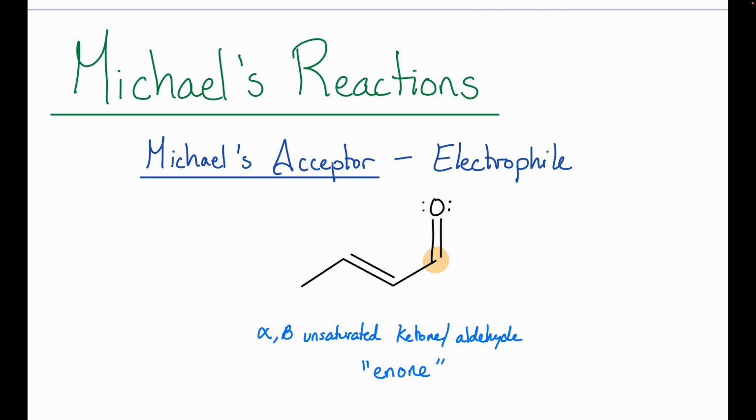Nucleophile or electrophile? Nucleophile. All right. We now have this new alpha-beta unsaturated ketone or aldehyde, and the whole shtick here is that beta carbon is also an electrophilic site. All right, so a Michael's acceptor is one of these alpha-beta unsaturated ketones and aldehydes, and that's because it's an electrophile at that beta carbon.